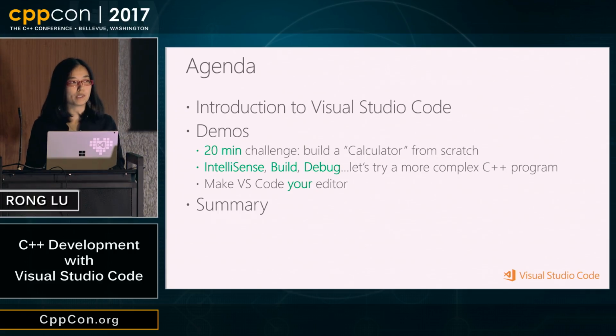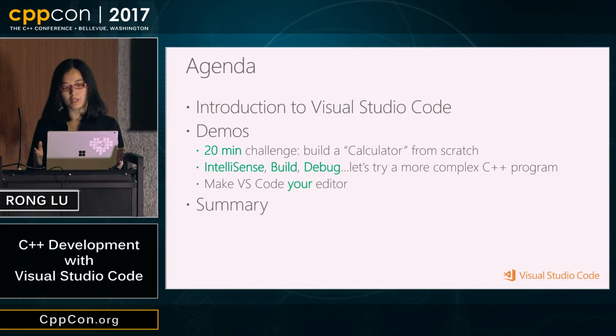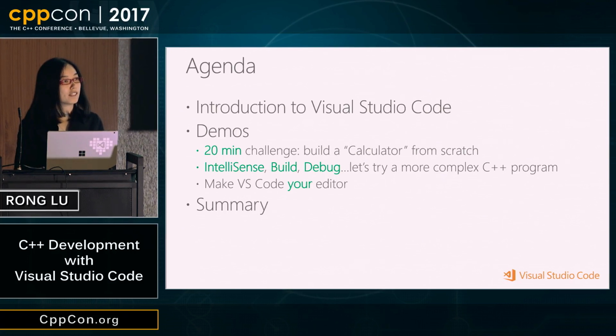We're going to start off with something really simple. I want to do a 20-minute challenge to myself on stage, and my team members think I'm crazy, but I want to build something from scratch, with zero code to start with. Then we're going to get into how we build the code and debug the code on stage, within 20 minutes. Hopefully I'll be successful.